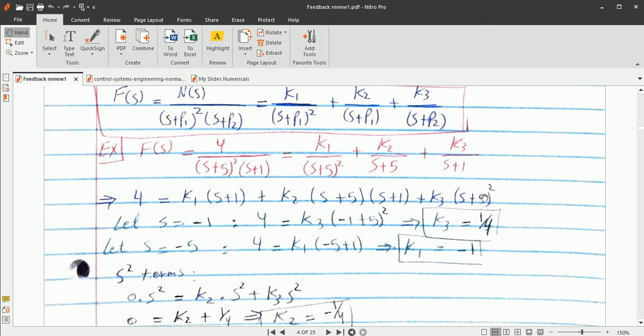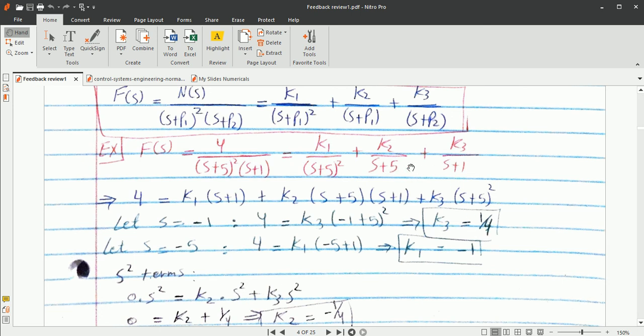Is it clear? Now if you make s plus 1 equal to 0, you simply get k3, and that you get 1 by 4.